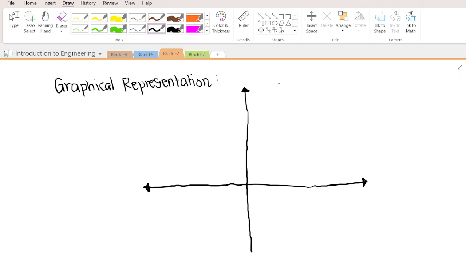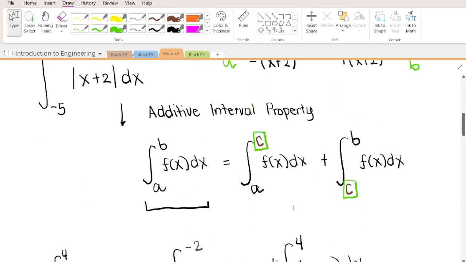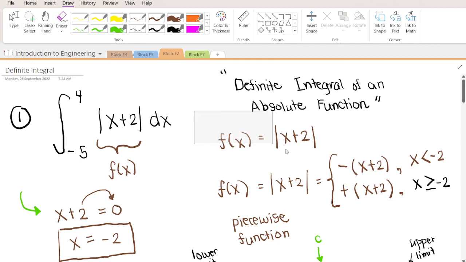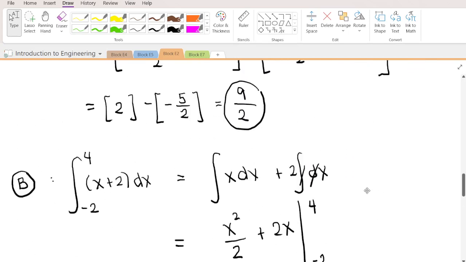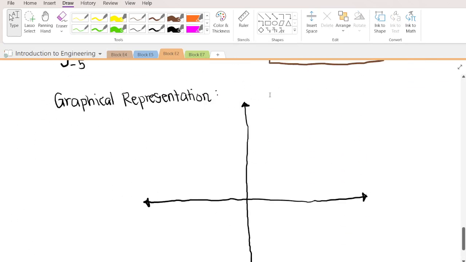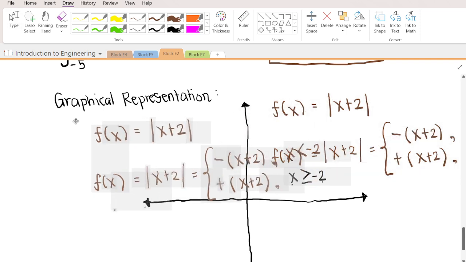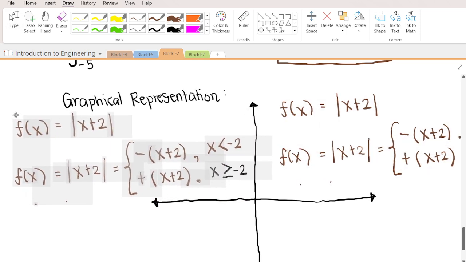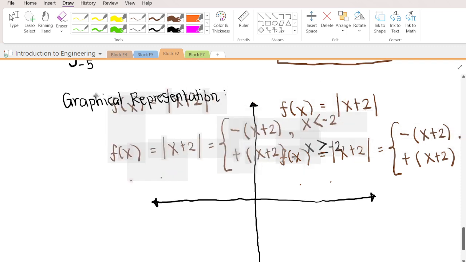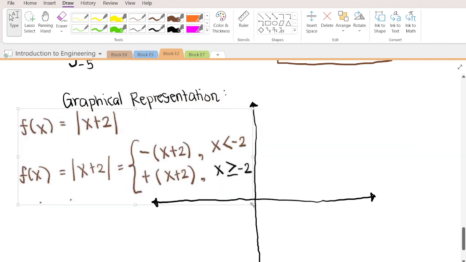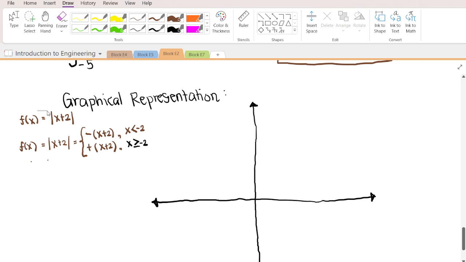For the absolute function, I think we need to copy this one. Okay, I think this will do.